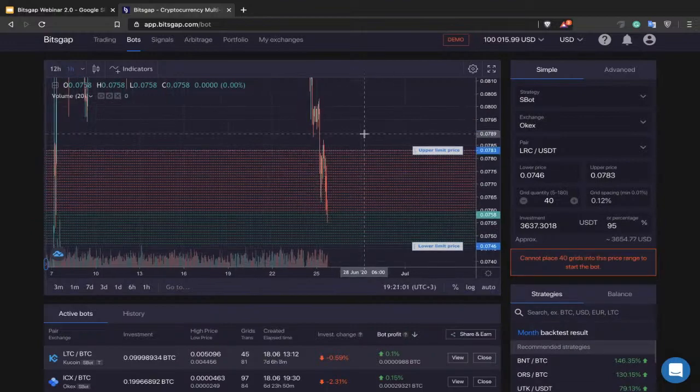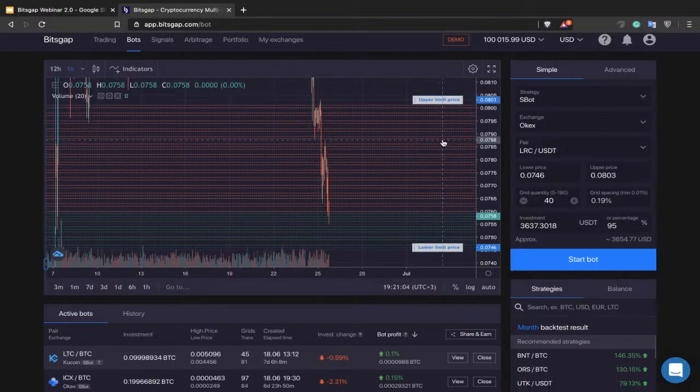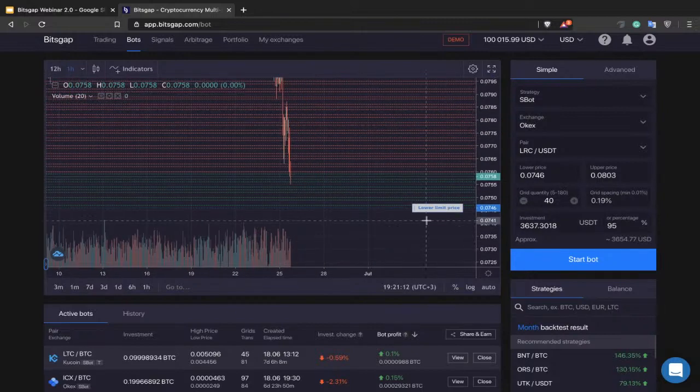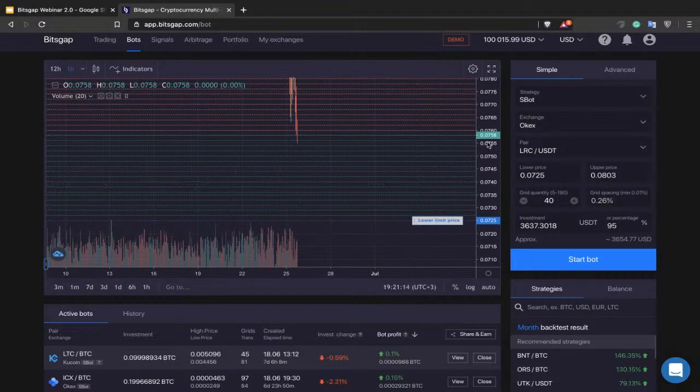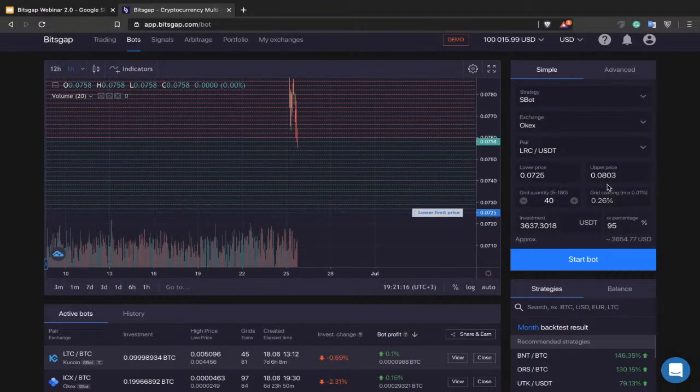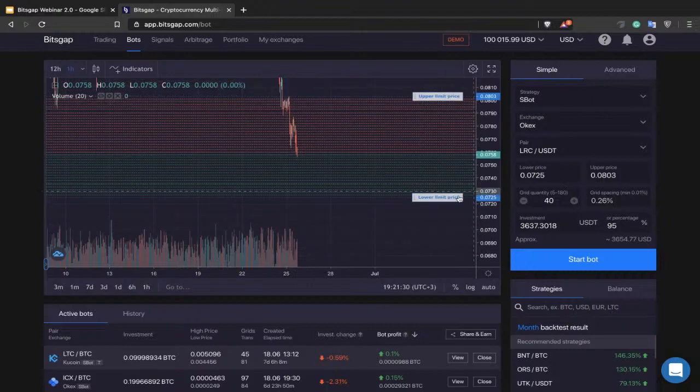Notice that the wider your sell zone, the more of the base currency you must possess on your balance to initiate the bot. And the wider your buy zone, the more of the quote currency, that's USDT for LRC, you must have on your balance so that the bot will be able to buy as soon as the price reaches these levels and triggers the buy limit orders.